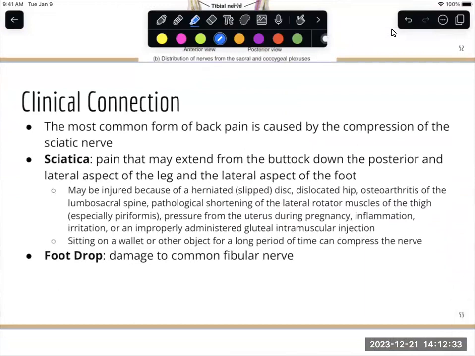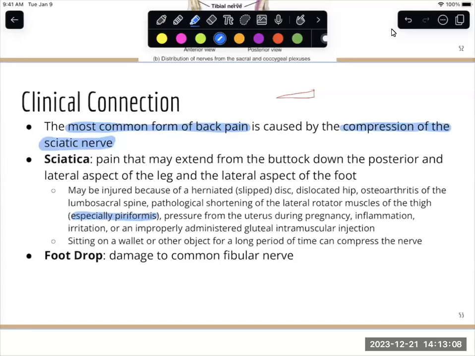So the most common form of back pain is compression of that sciatic nerve. And here's an interesting thing. We have this triangular shaped muscle in our gluteal region that's called the piriformis, which is also listed right here.